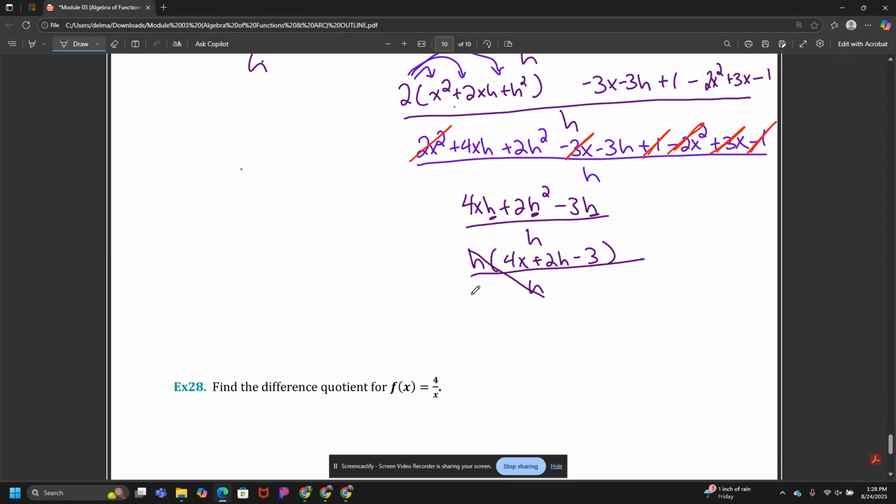So that GCF, take out the GCF of h. And I know that at first you don't really think about taking out letters as a GCF. Okay?